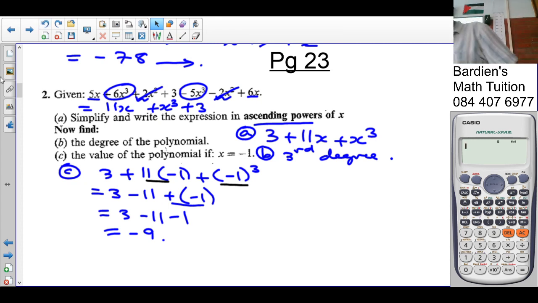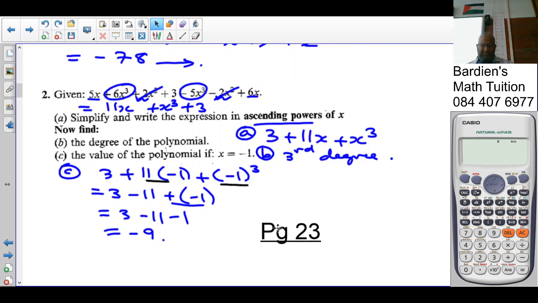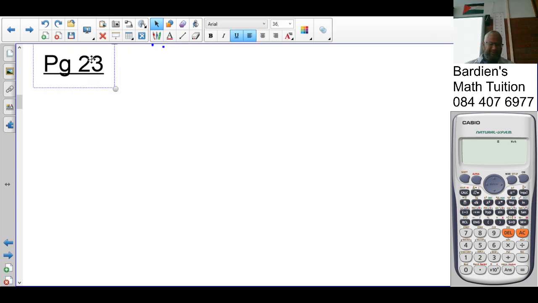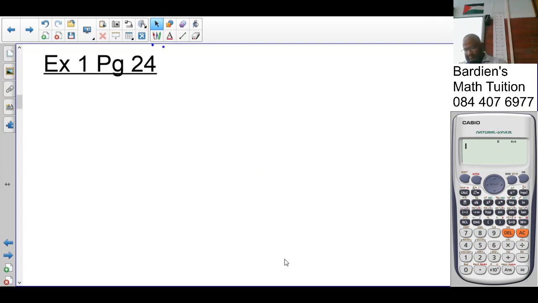Okay. Then you went there to do on page 24. You are given another expression, another polynomial there.